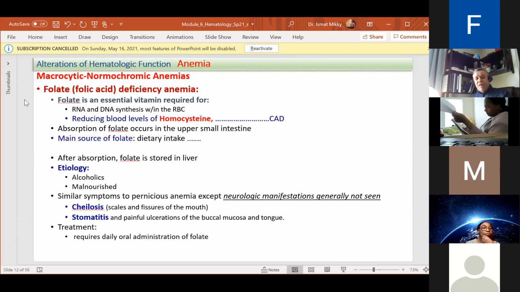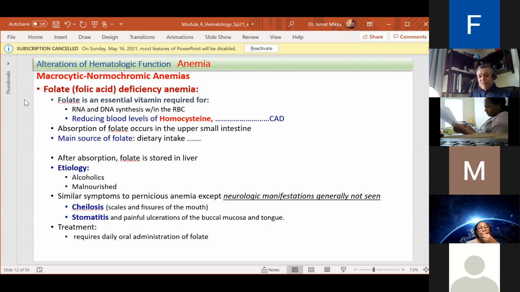And patients also here will have similar symptoms like pernicious anemia, patients with vitamin B12 deficiency, except that neurologic manifestations will not be seen in folic acid deficiency.